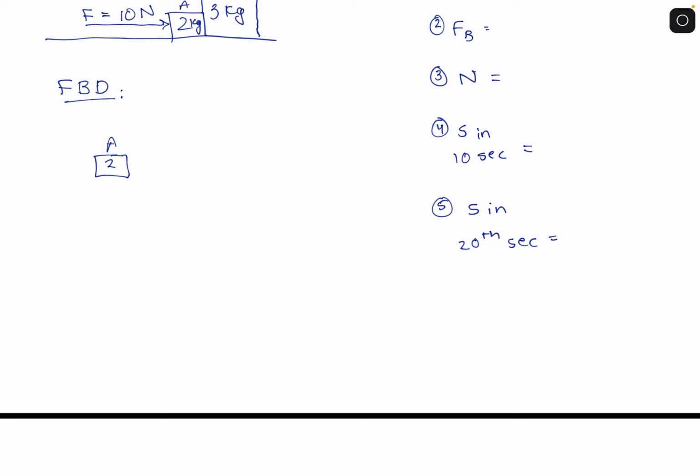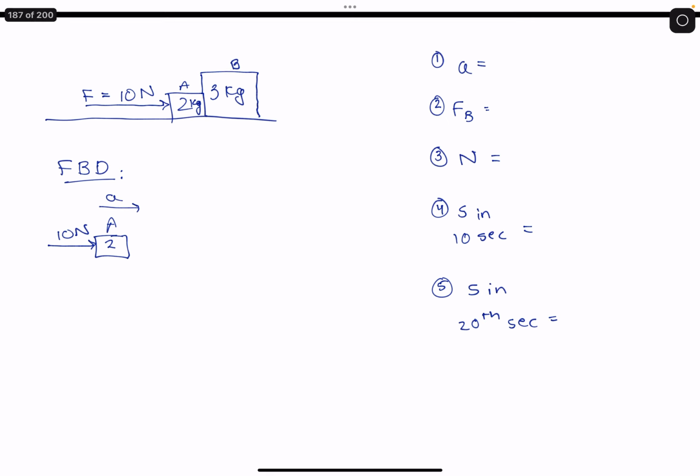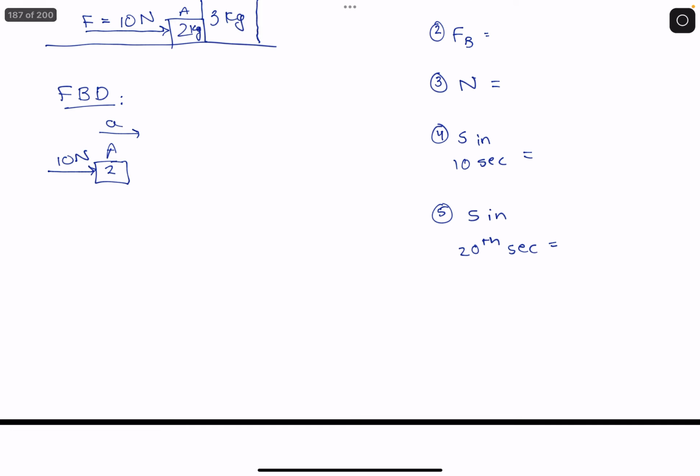So it has a force of 10 Newton, and I am going to assume that this is accelerating in this direction. And the normal reaction of block B, let's call this N1, is opposing the force of 10 Newton.